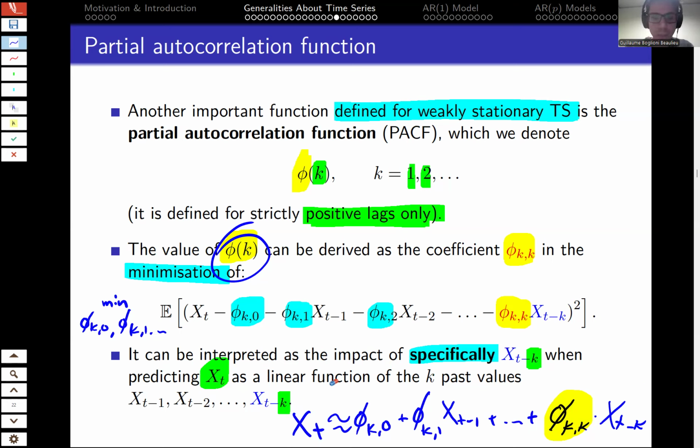Yeah. But then this explains why past lag p, the partial autocorrelations are 0, because literally in this process, xt is a linear function of only the p past values. So if you have a lag that's bigger than p, you could write plus 0 times xt minus p minus 1, but that's a 0 here. There's nothing there.